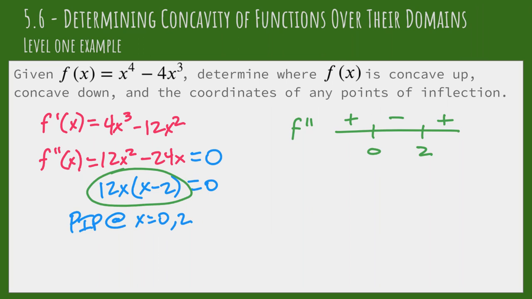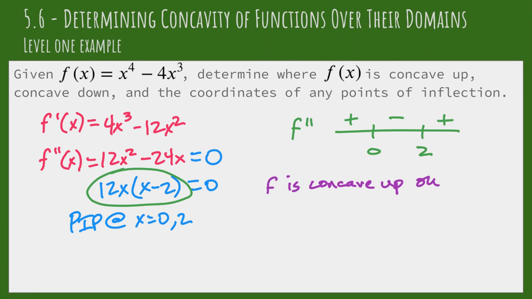So there's really 3 questions we have to answer here. The first is, where is the function concave up? So I'm going to say f is concave up. Notice that I'm saying f is concave up instead of saying f double prime is concave up. That would be kind of mixing language there, and we want to be careful we don't do that. So where the second derivative is positive, the function itself is concave up.